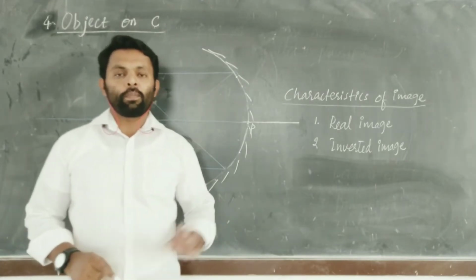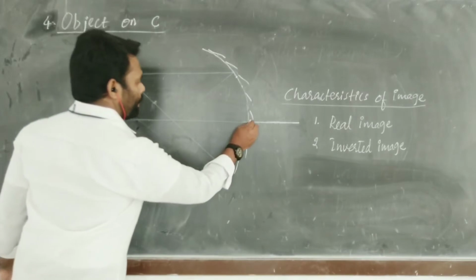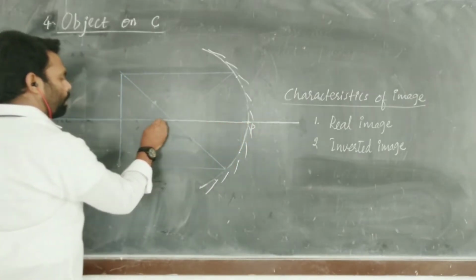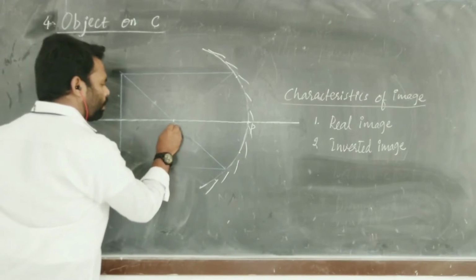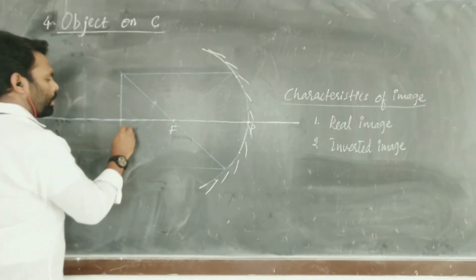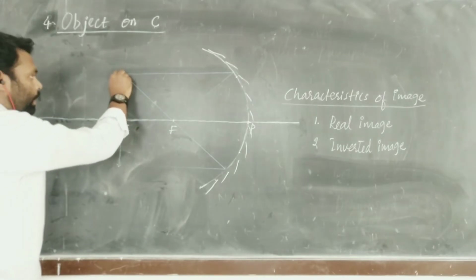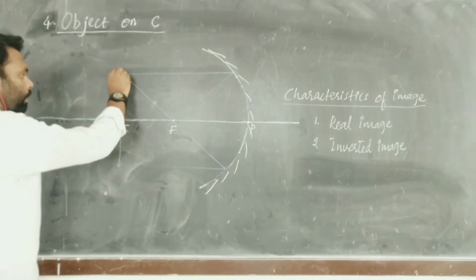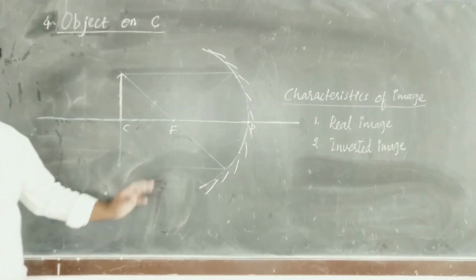Next ray diagram is object on the center of curvature. Let us take the principal axis, focus, and center of curvature. As the object is on the center of curvature, let us take the object on the center of curvature. Okay, right.